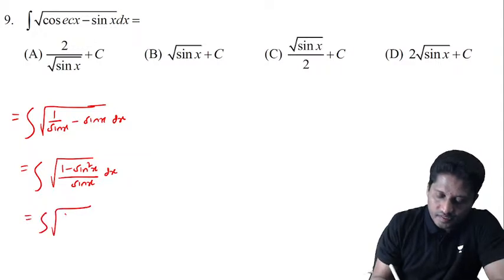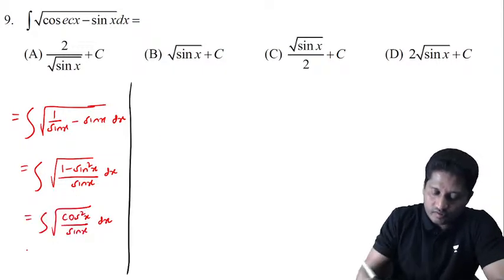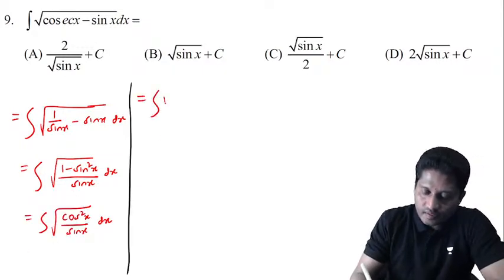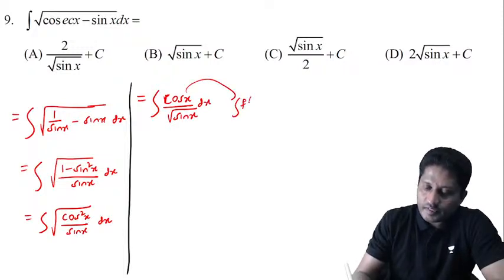Root of 1 minus sine square is cos square, divided by sine x dx. Then root of cos square x is equal to cos x. This is cos x divided by root of sine x dx. This is of the form f dash of x divided by root f x.